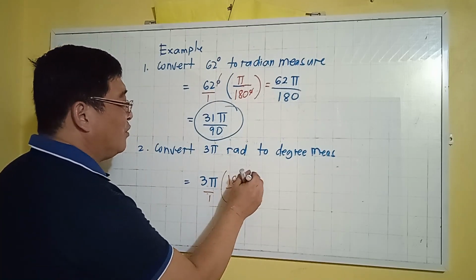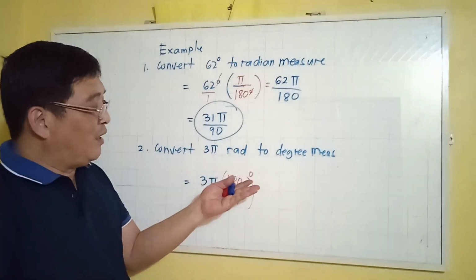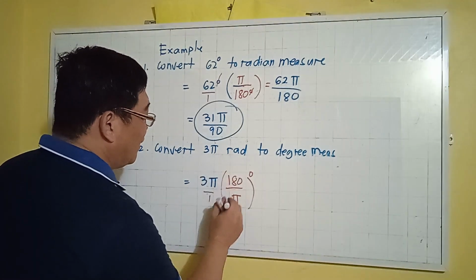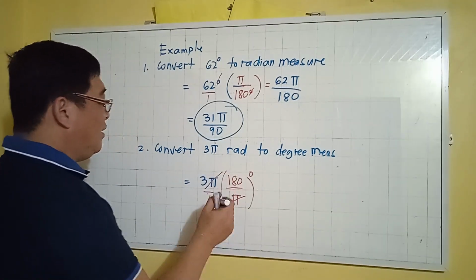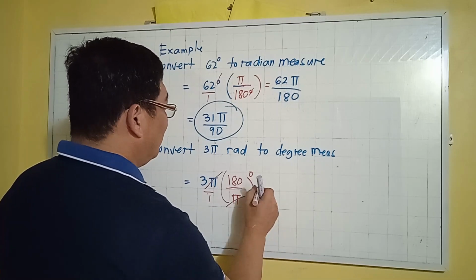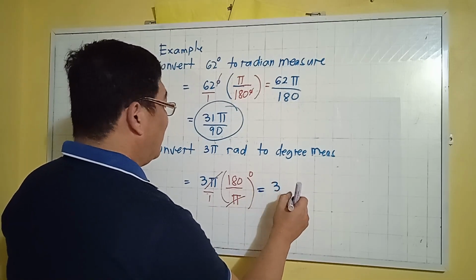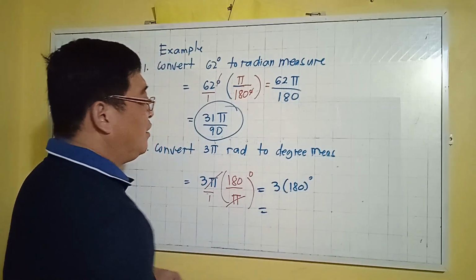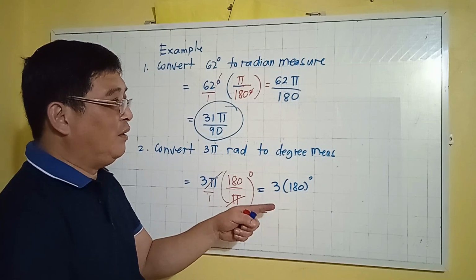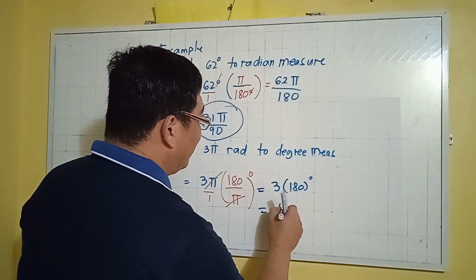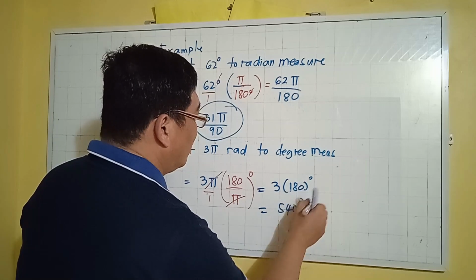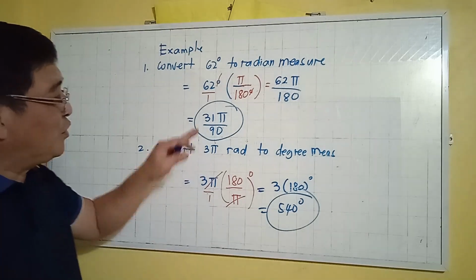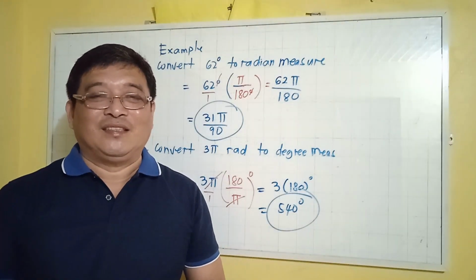So, this conversion is in terms of degree when it comes to unit. So, cancel yung pi, matitira is equals to 3 times 180 degrees. That is equals to 540 degrees. So, 3 pi is equals to 540 degrees. Okay?